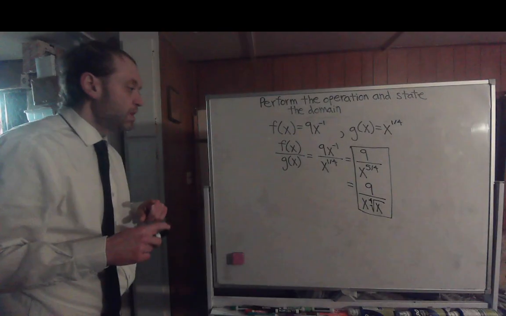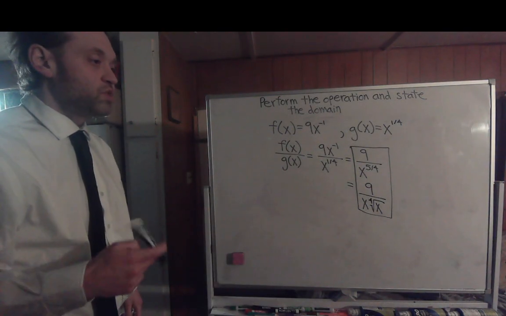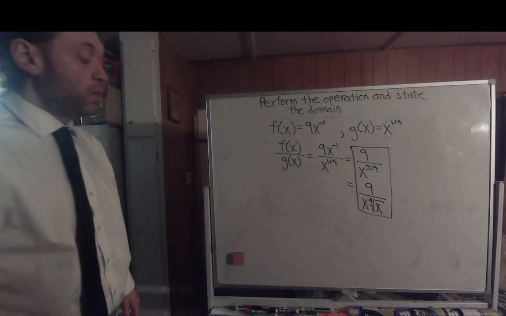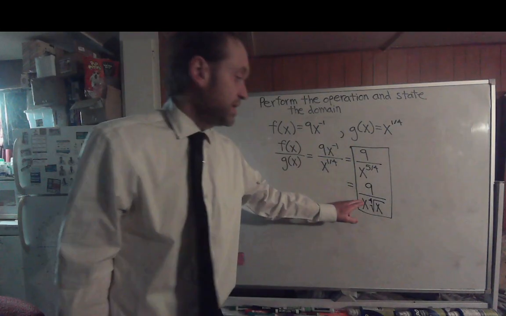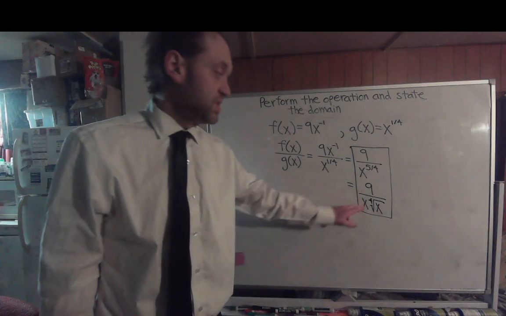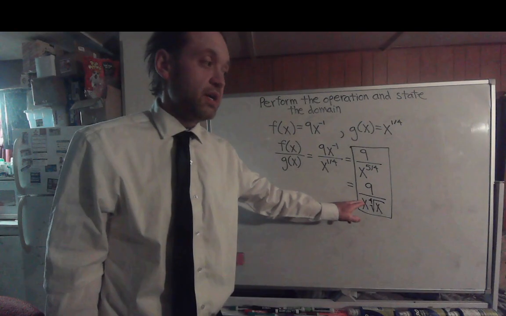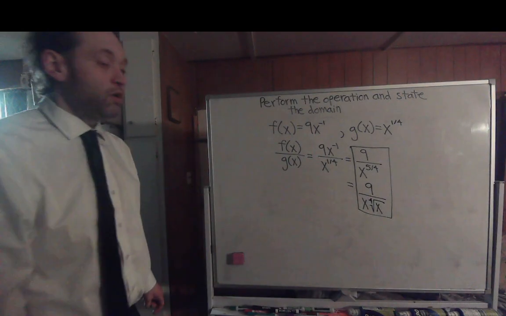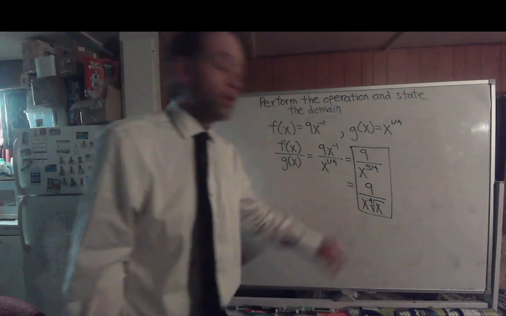Now, are there any values for which x is not defined? Okay. Well, we definitely can't allow 0, right? Because that would give us a 0 in the denominator, which would be undefined. So 0's out. Now, what about the fourth root of x part of this?